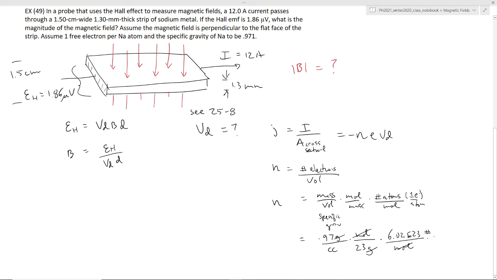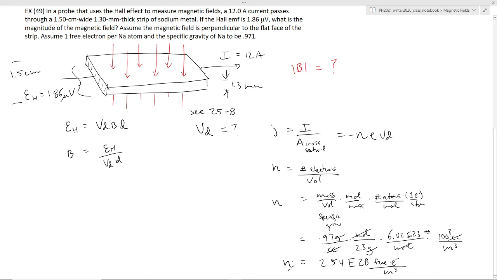We also want to multiply by a factor of 100 cubed, because there are 100 cubed cc's per meter cubed. This puts it in proper units of meters. When we multiply that out, we find the number density is 2.54 times 10 to the 28 charges, free electrons, whatever we want to call them, per meter cubed.